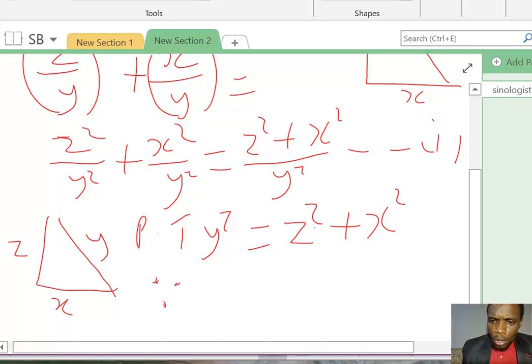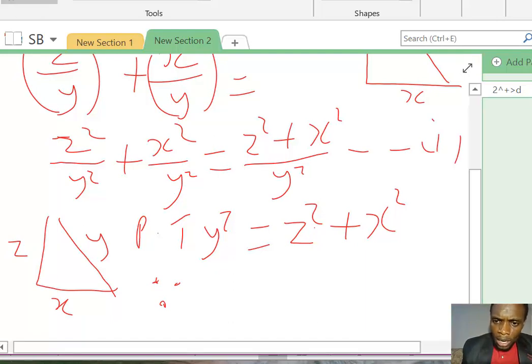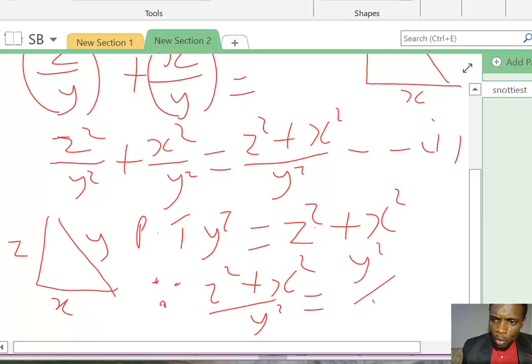So therefore, Z square plus X square over Y square is equal to Y square over Y square.